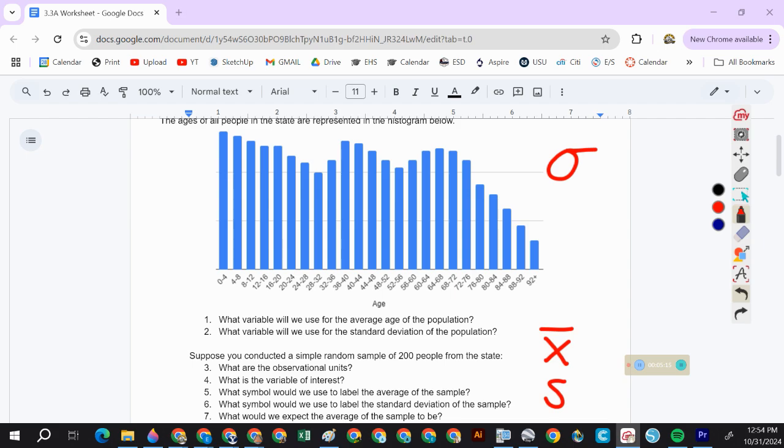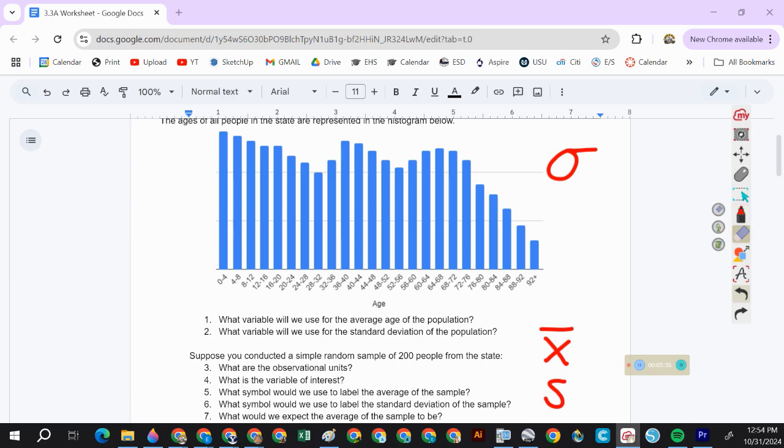Now, is it going to be perfect? No. But if you had to guess, that would be your best guess. Does that make sense? We would expect our sample average to be the same or close to the population average. Okay, does that make sense?